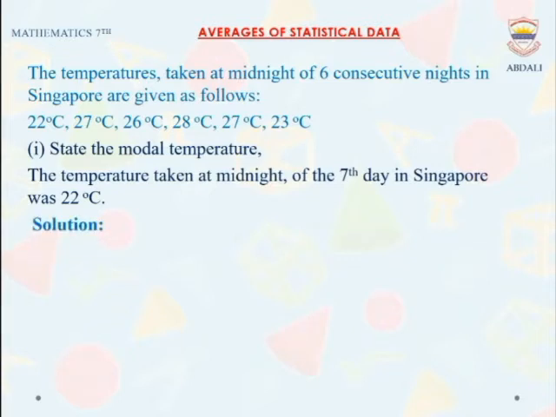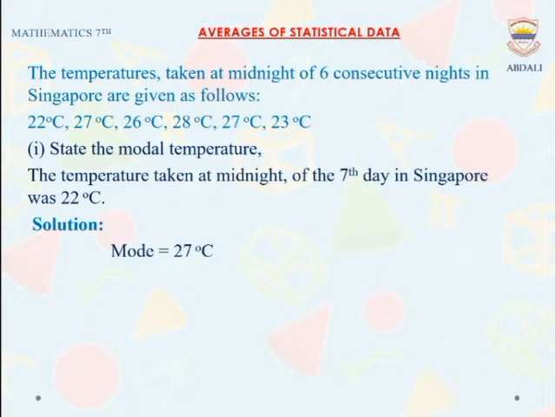So let's write its solution, which is mod equals 27 degrees centigrade. Why 27? Because we are just going to see the modal temperature for the 6 consecutive nights, which is 22, 27, 26, 28, 27 and 23. Here we can see that only 27 occurs 2 times.